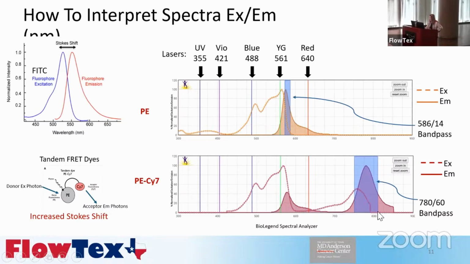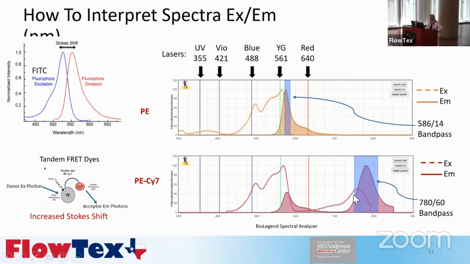Whereas when we use a PE-Cy7 and we force that FRET through Cy7, we have the same excitation profile and a little bit of emission from PE alone, but almost all of that emission gets pushed through to the Cy7 and is detected at a 780/60 bandpass on a standard cytometer.